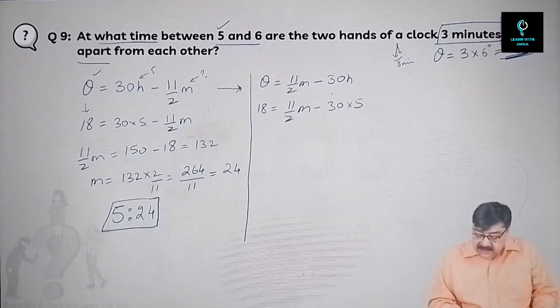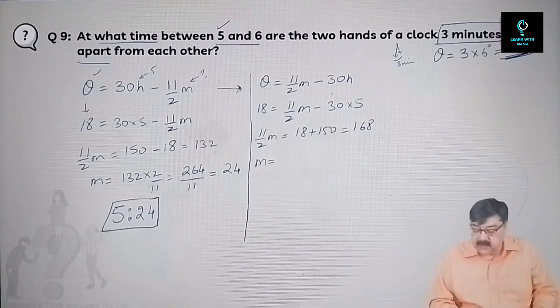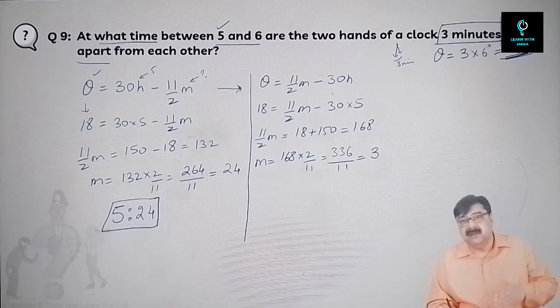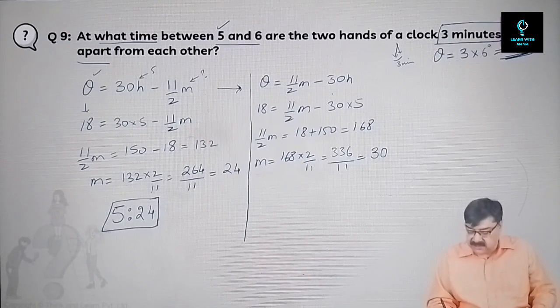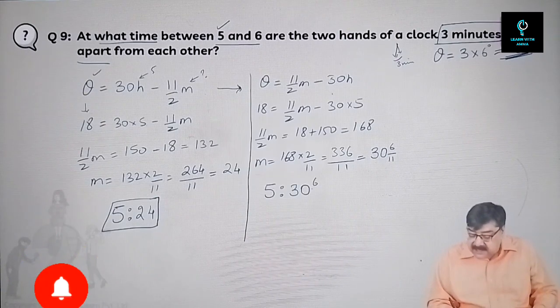Now look at this. 11 by 2m is equal to 18 plus 150, that is 168. So m here equals 168 into 2 by 11, that is 336 by 11, which is 11 into 3 is 33, remainder is 0. Take down 6, not divisible by 11, so goes by 0. So 36 by 11. So the second timing here is 5 hours and 36 by 11 minutes.